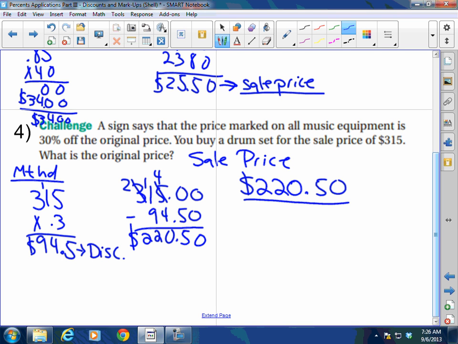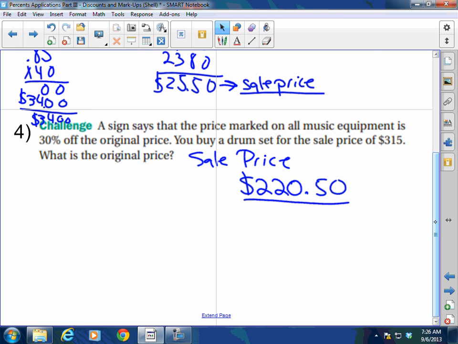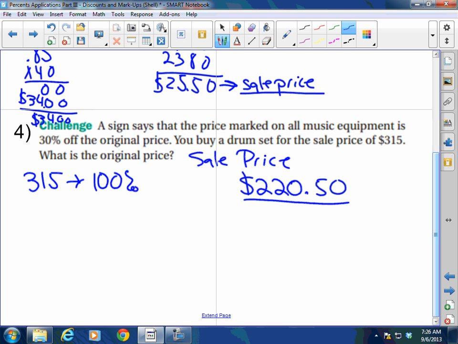So that would be method 1. $315 times 30% discount is a $94.50 discount. 315 minus 94.50 is $220.50 sale price. Method 2, you have a $315 drum set, which is 100% of the original price, minus a 30% discount.